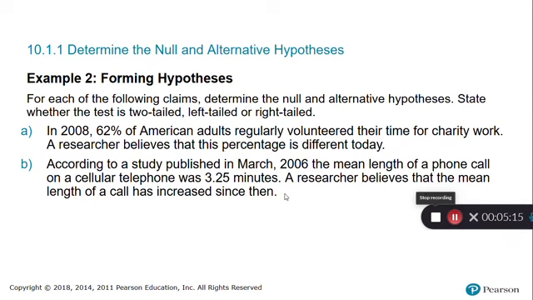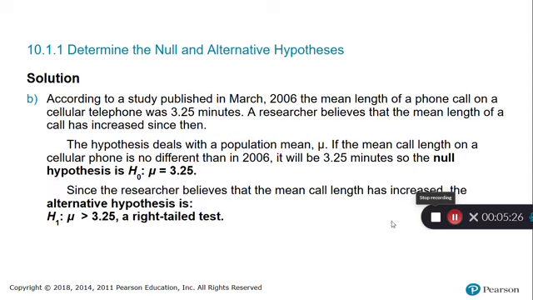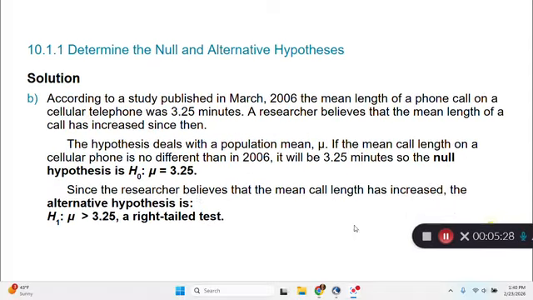And then the alternative hypothesis is still using mu and 3.25, but now instead of an equal to, we want to know if it's increased, so we would be looking at greater than. So here is our null hypothesis. Mu equals 3.25, and the alternative, mu is greater than 3.25, or a right-tailed test.